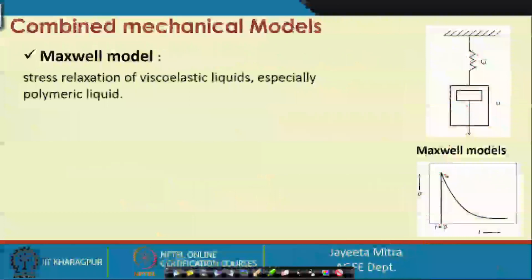So, gradually it will come to a constant state asymptotically; an exponential decay will be observed over time. So, this is the Maxwell model that can express the stress relaxation behavior of viscoelastic liquids.